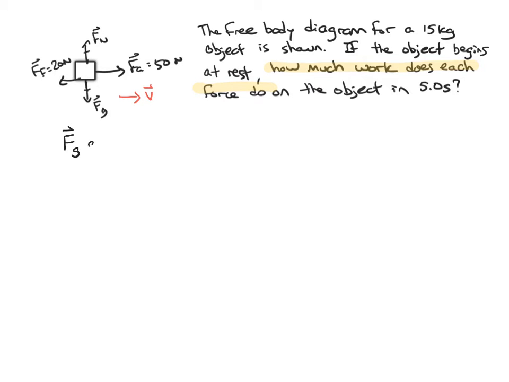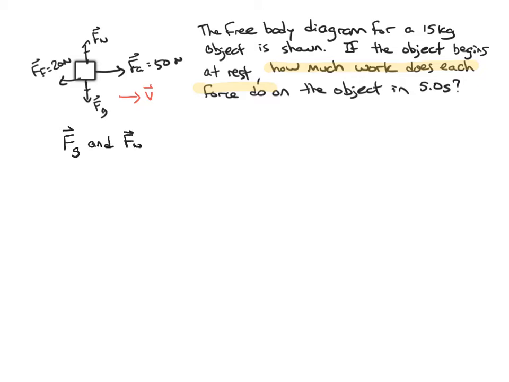And same with the normal force. The normal force is pointing straight up, which is also 90 degrees to the motion of the object. So whenever the force is perpendicular to the motion, then the work is going to be 0.